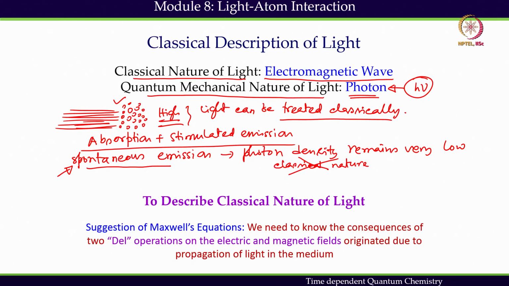But directly using this semi-classical approach, one can explore absorption and stimulated emission, particularly because in these processes photon density is so high that light can be treated classically. So you should remember that if the photon density is very high, the classical nature is perfectly valid. But if the photon density is very low, I can have only single photon emission.